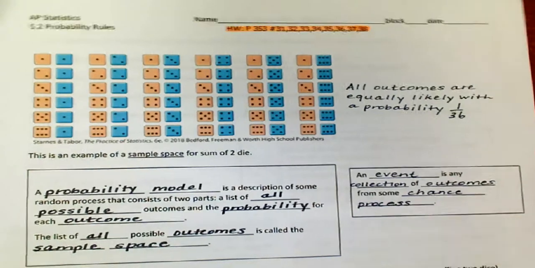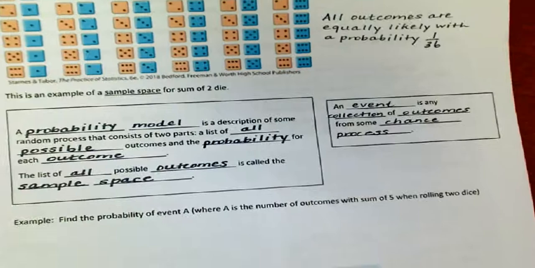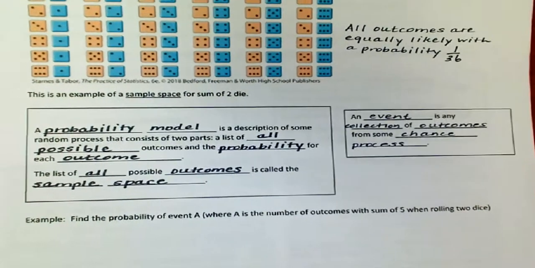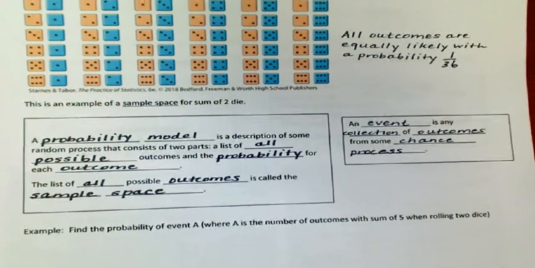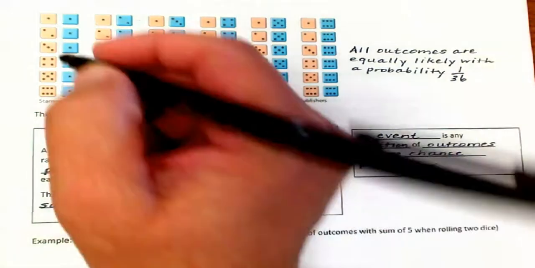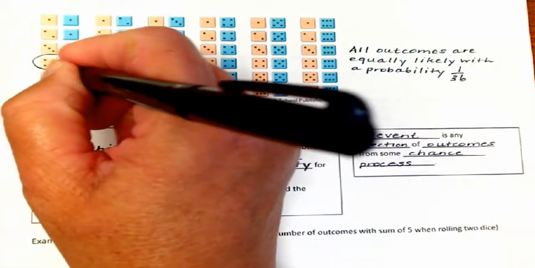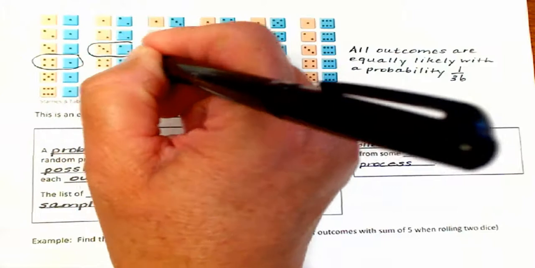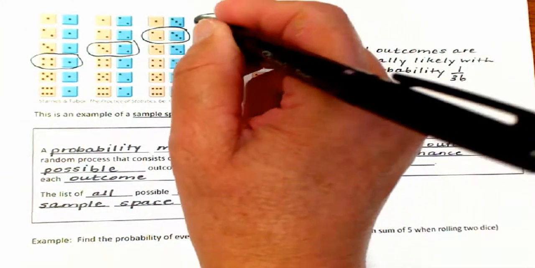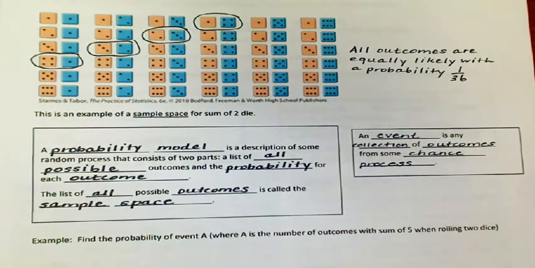All right, so let's go down and do an example using this probability model. It says find the probability of event A, where A is the number of outcomes with the sum of 5 when rolling 2 dice. Okay, so what you might want to do first is write down, where am I going to get a sum of 5? And one thing a lot of times I'll do is come up here and circle all the places that you could get a sum of 5. Okay. So where could I get a sum of 5?